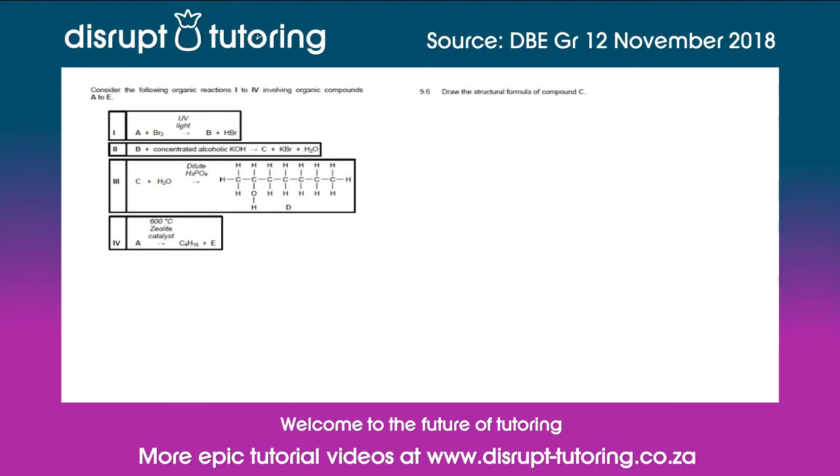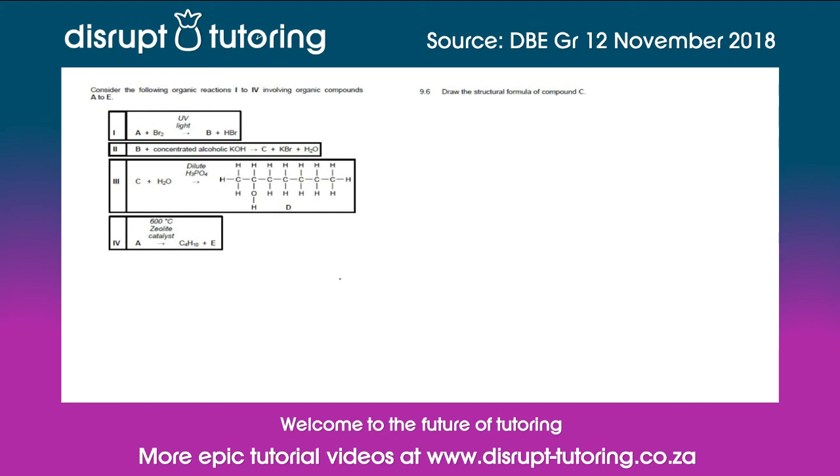As we'll see now, the next question asks us to draw the structural formula of compound C. So since I put the bromine on the second carbon in the chain, when I remove that bromine in the second reaction, the elimination reaction to form the alkene, I need to remove the bromine and the hydrogen from that second carbon as well.